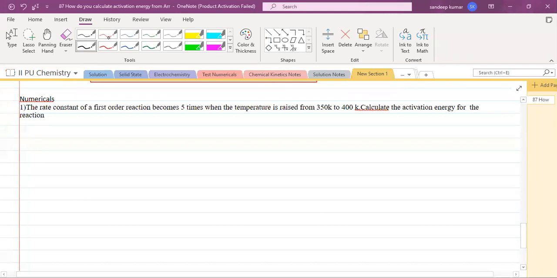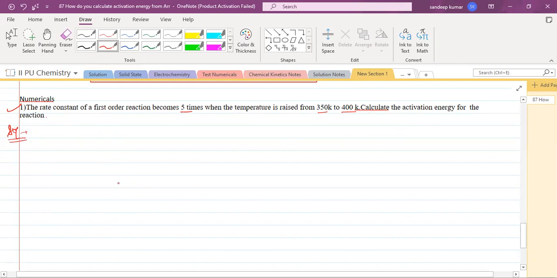Here you can see one numerical based on the Arrhenius equation. The rate constant of a first order reaction becomes 5 times when the temperature is raised from 350 Kelvin to 400 Kelvin. Calculate the activation energy of the reaction. So they're asking the activation energy, right?